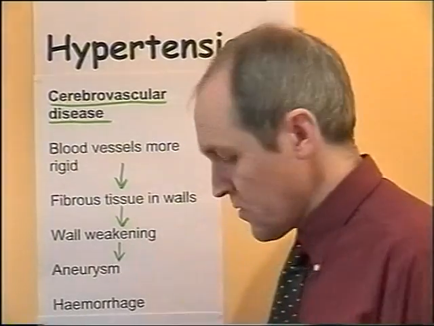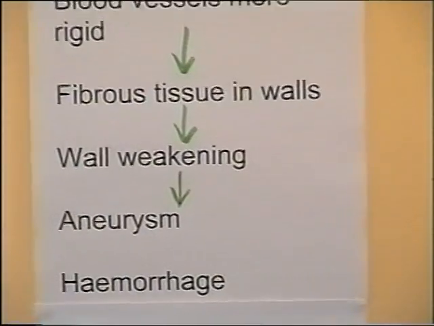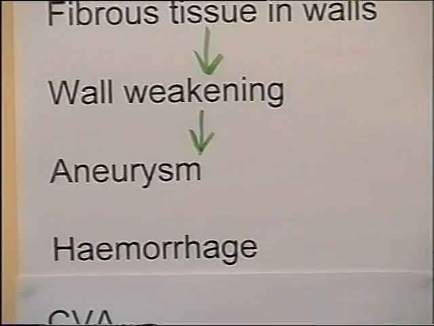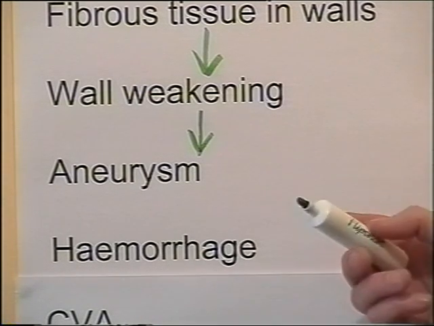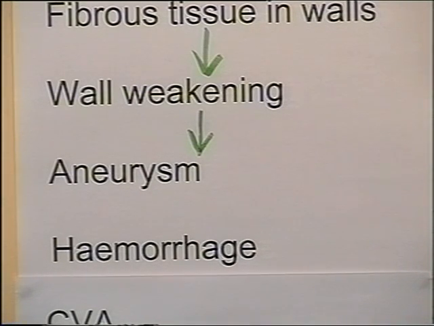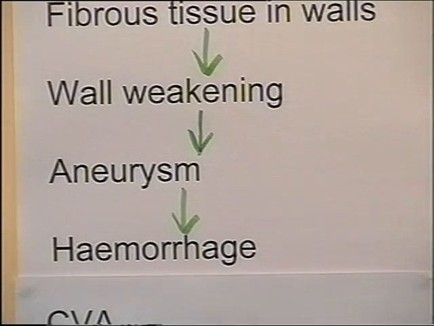There'll be a weakness in the wall, and the blood pressure will tend to blow that out even further. After a certain point, the aneurysm can burst. So there's a high pressure in the vessels. The vessel wall is blown up. The aneurysm can burst, resulting in hemorrhage.